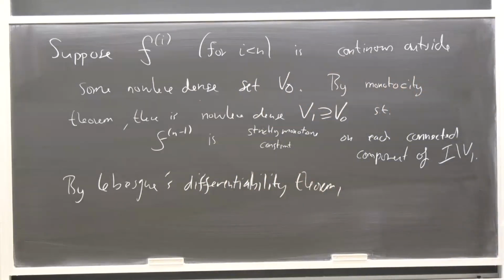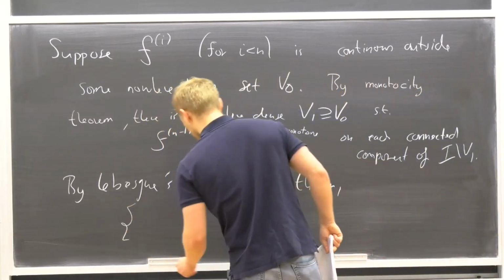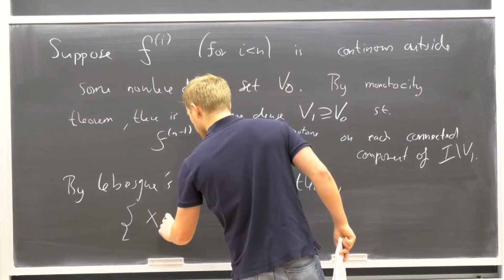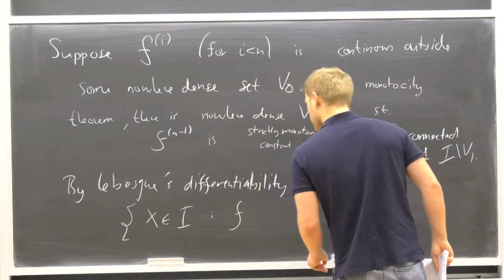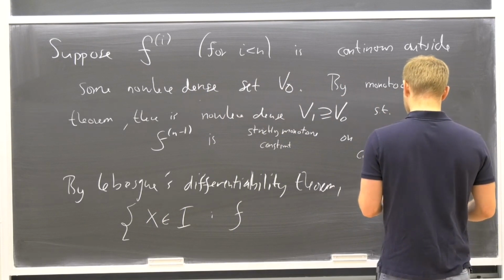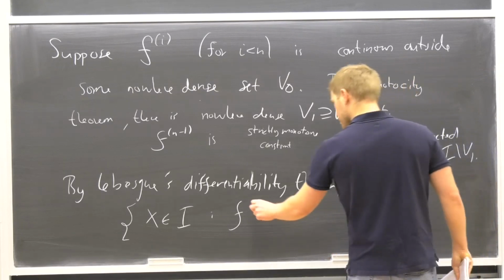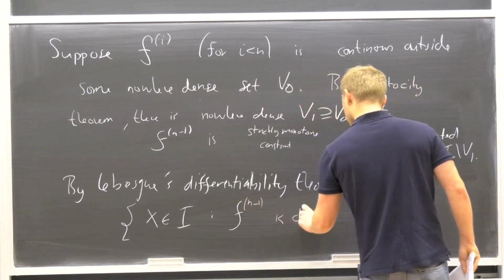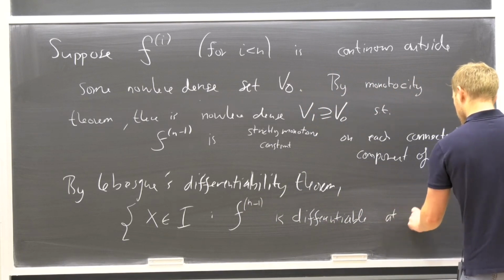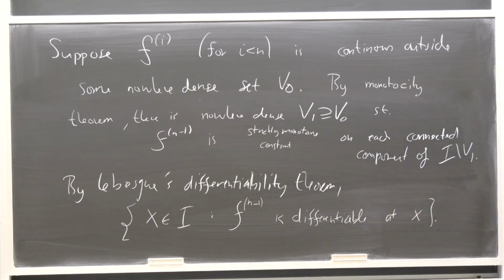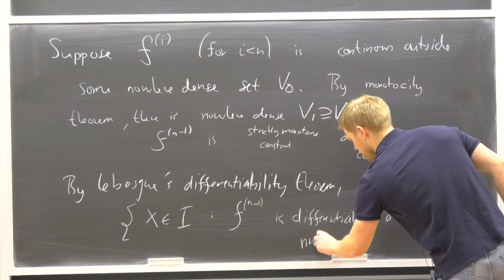We know that, since we can now assume that it's strictly monotone on all these connected components, the set of points where the n-1 derivative is differentiable at x is null, right? That's the back null.